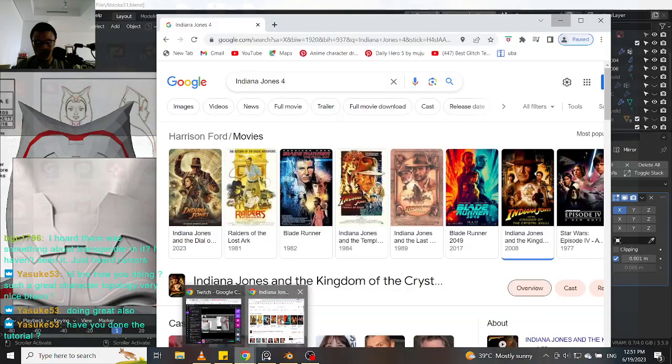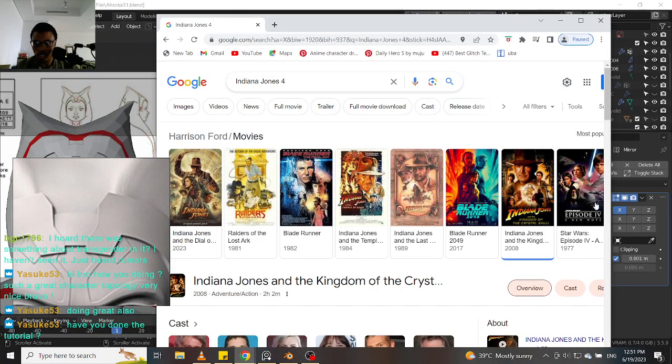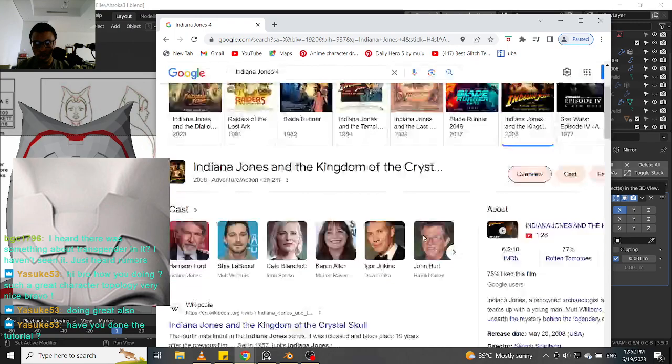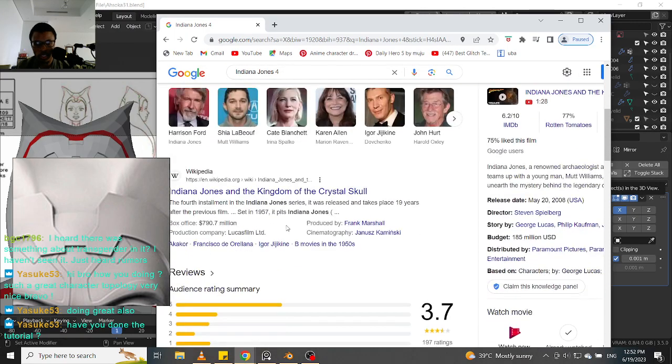I mean, apart from these series, I don't think I've watched him play any other role. Yeah, he was in Blade Runner, but he's not the main character, and you only ever see him when this guy goes to that desert place. He only ever played Indiana Jones and the Star Wars movies.